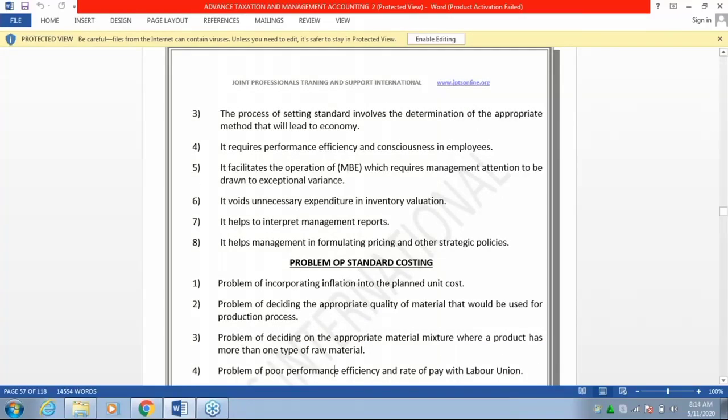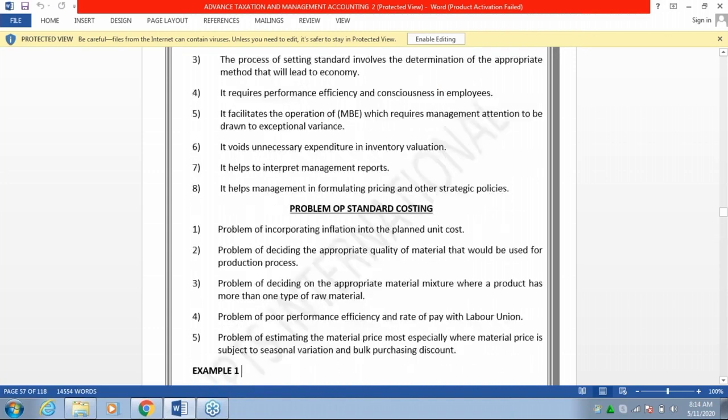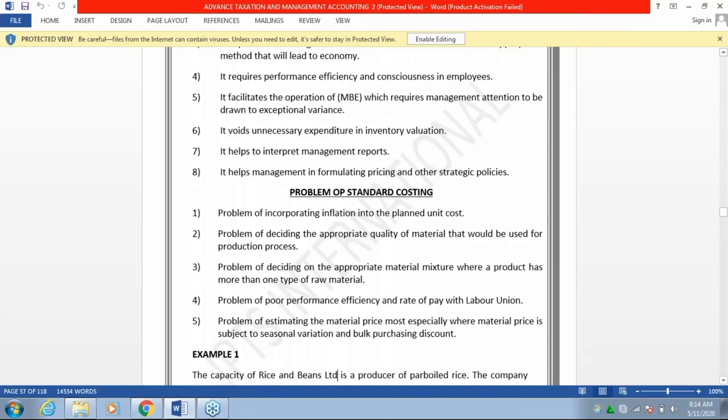Despite the fact that they are beneficial to the management and the business entity, they still have their own problems, of course. What are the problems of standard costing? The problem of incorporating inflation into the planned unit cost. The problem of deciding the appropriate quality of the materials to be used for the production process.